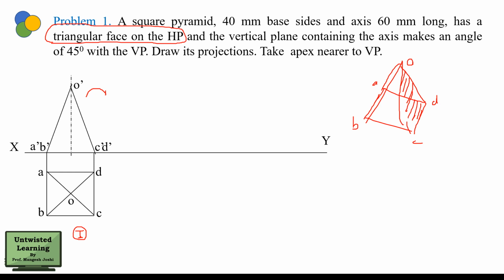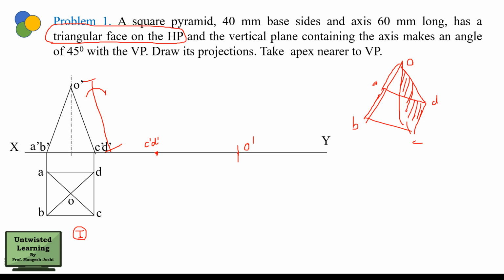For that you will just have to select one point over here and mark that point as C dash and D dash. Now take distance from O dash to C dash. This distance you have to take in compass. Place your compass on this point C dash and D dash and cut here, so that this point will become O dash.